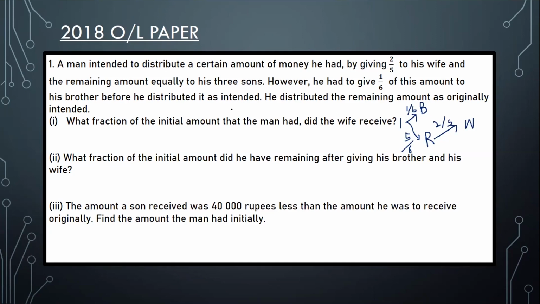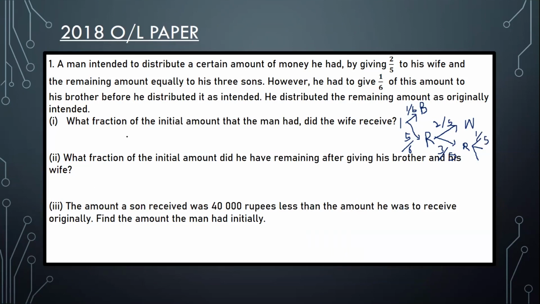And the rest of the amount he is going to divide equally among the 3 sons. So if 2/5 is given to wife, remainder is going to be 3/5. That he is going to divide into 3 sons. So each son is going to get 3/5 divided by 3, which is equal to 1/5. So each son is going to get 1/5, right? So that is the simplification diagram.